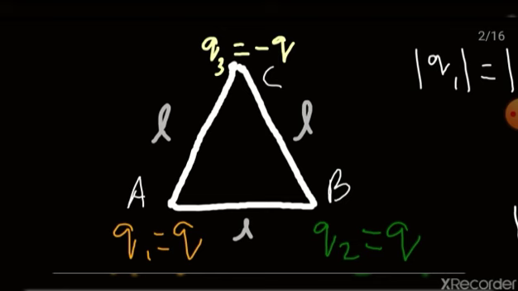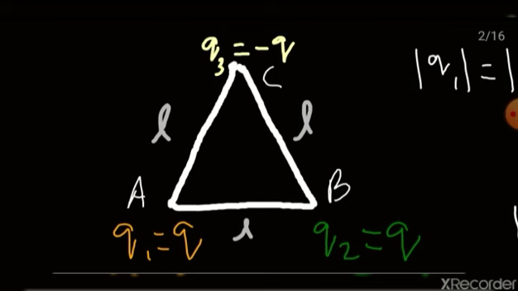So this is vertex A. I have named these charges q1, q2, q3. At vertex A, q1 is q, at vertex B, q2 is q, and at vertex C, q3 is minus q. So there is only one negative charge, at vertex C, whereas the charges at vertex A and B are positive.